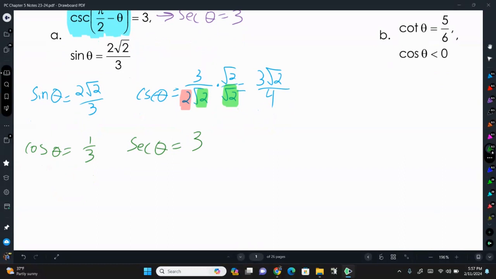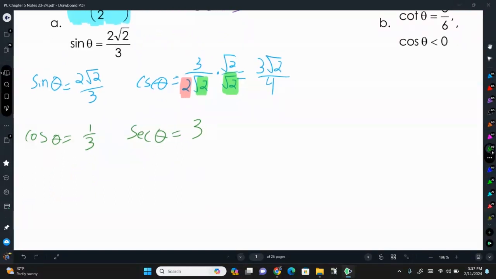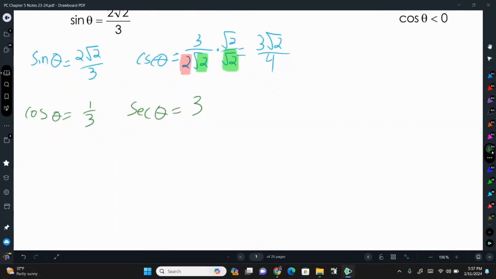Now for tangent and cotangent, we have options. We could find the cotangent first, or we could find the tangent first and just use the reciprocal identities then. I want to use as small numbers as possible, and I don't want to deal with radicals in the denominator. So I'm actually going to use the tangent definition of sine over cosine.